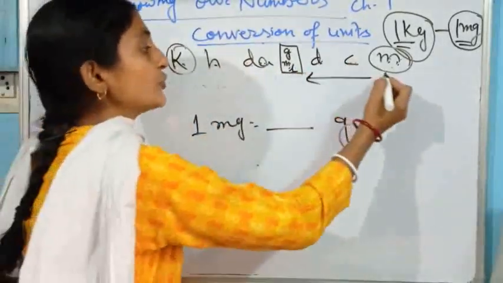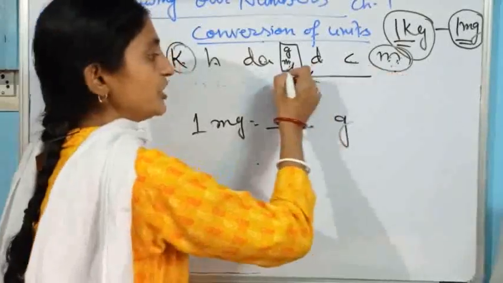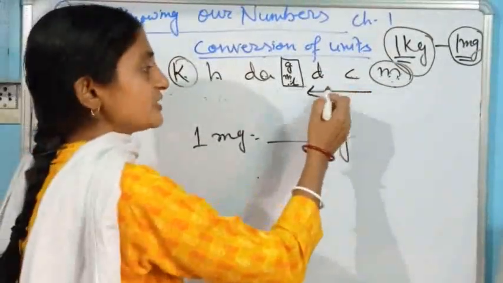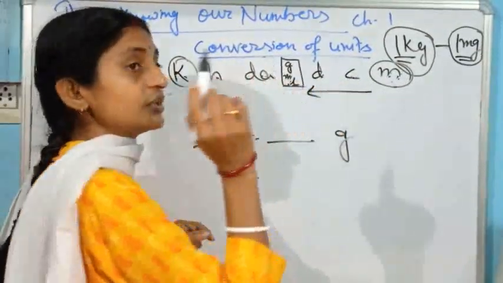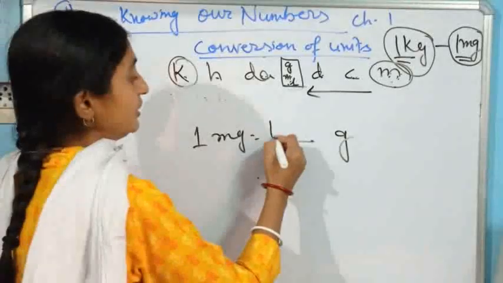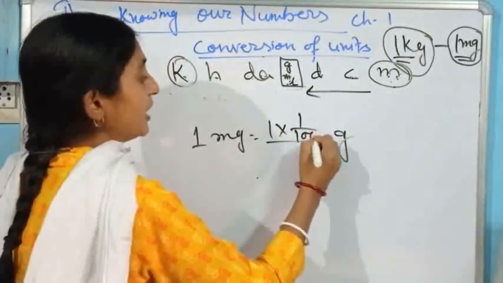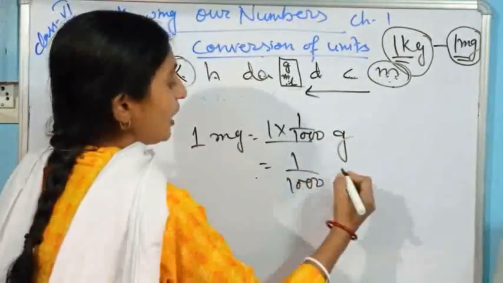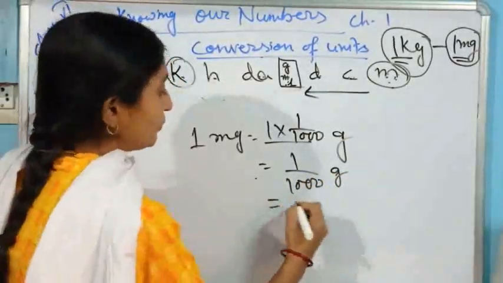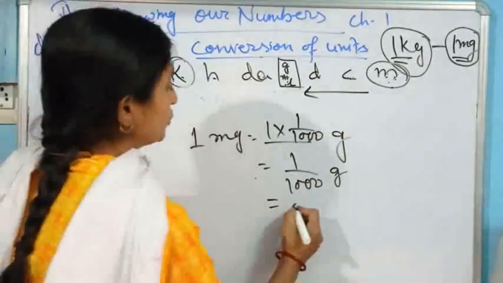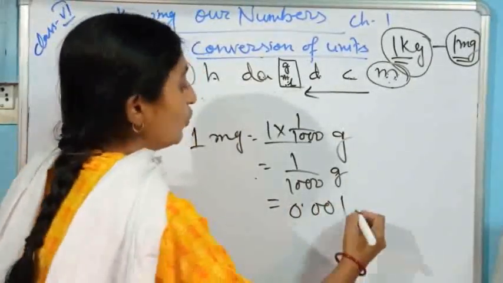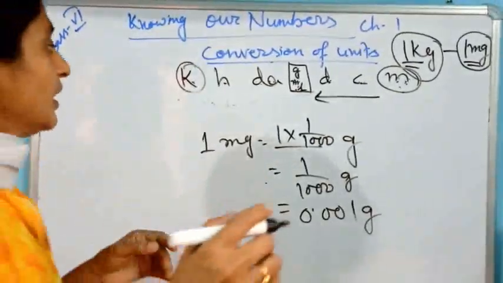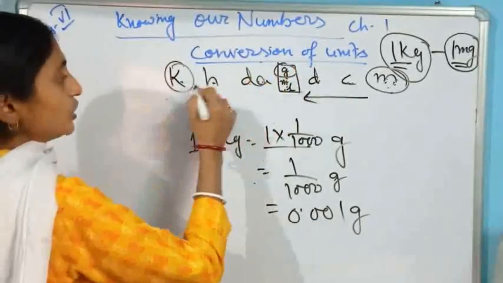When I move to the left, that means smaller to bigger, I will go for division. How many places? 1, 2, 3. 3 places I have to move. So in this case I will do 1 by 1000 gram. You can write it as 1 by 1000 gram, or if you want to present this in decimal, it will be 0.001 gram.